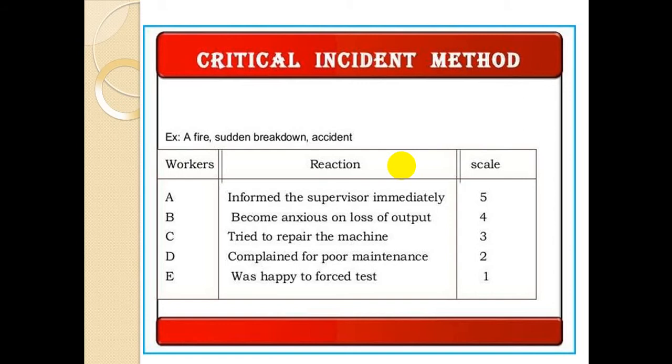If the employee complained about the poor maintenance, then we will give 2 marks. And if he was happy to force the test, then we will give 1 mark. So this is the critical incident method. In this method, the superior records the incidents whenever the critical behaviors occur. It may be positive or negative. And finally they will appraise during the appraisal time.